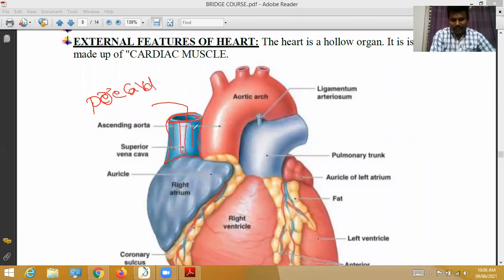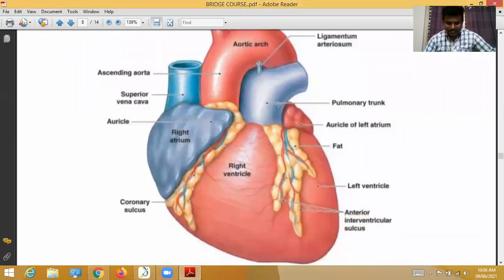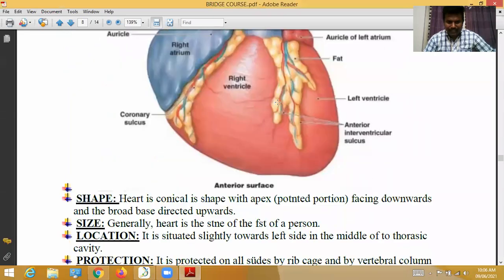This precaval vein brings deoxygenated blood from the head and neck to the right auricle. Next, I said one more, the inferior vena cava.